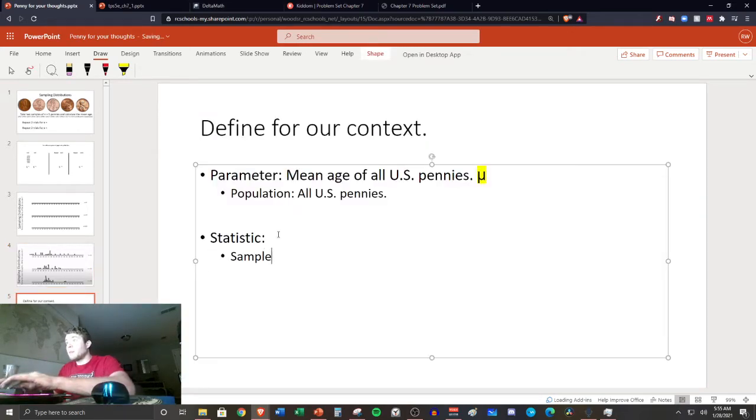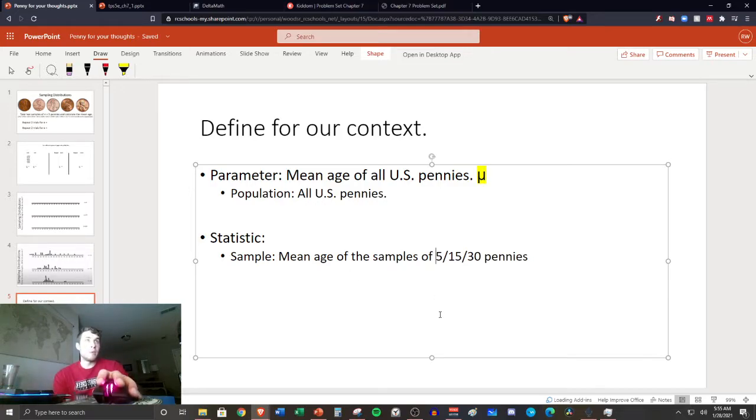So we also need to know what the sample was. Describe what the sample was. That was 5, 15, 30 pennies. Okay? And it would be the mean age of the samples of 5, 15, or 30 pennies. So that would be our, hold on.